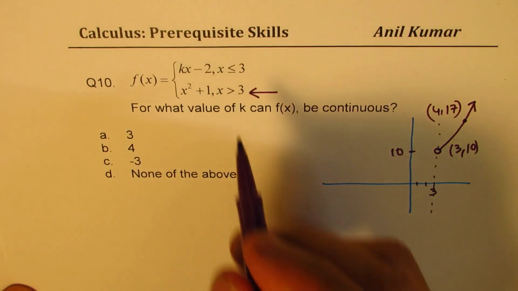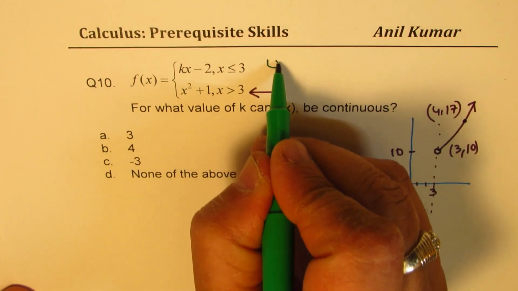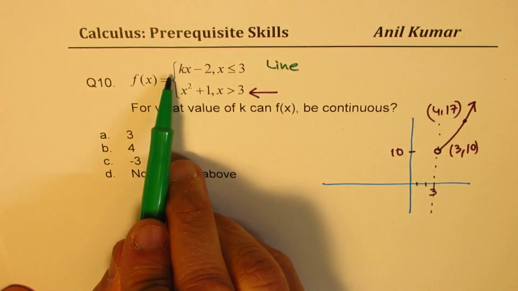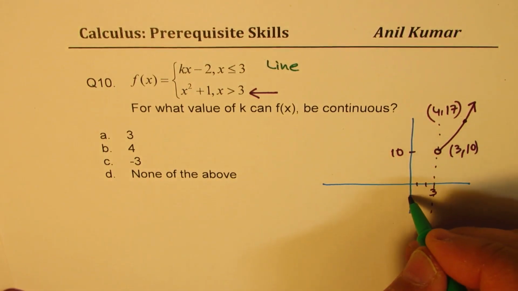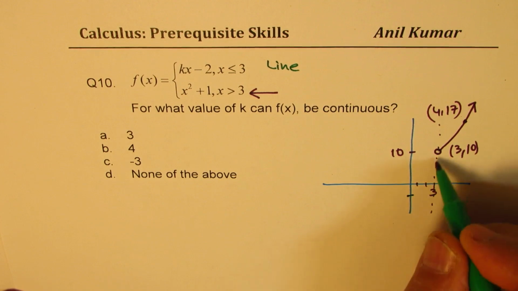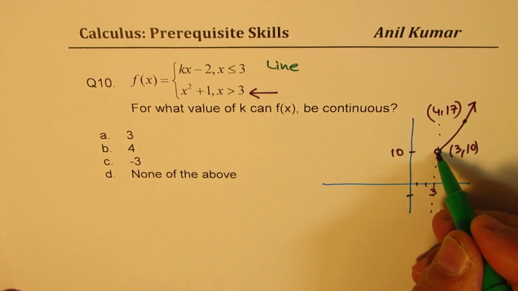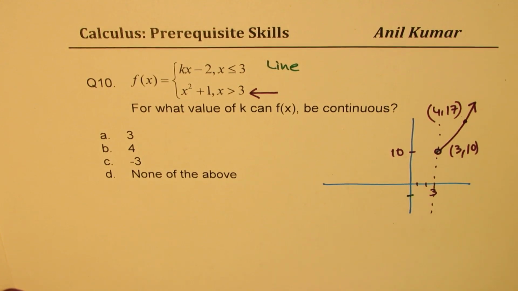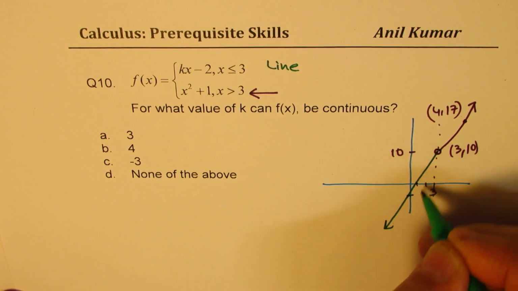The first part is a line, right? So the first part here is a line with slope of k, y-intercept of minus 2. So somewhere here we have the y-intercept. To make it continuous, this line should actually go through that point, right? So basically we are looking for the equation of a line which is like this.